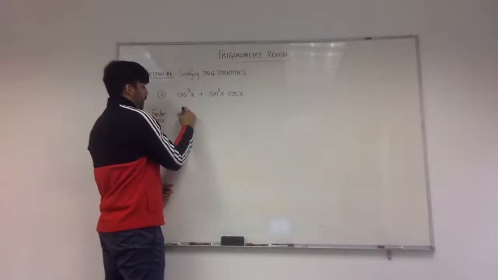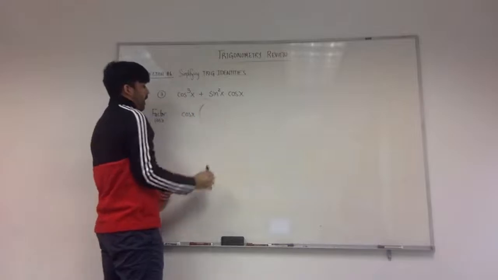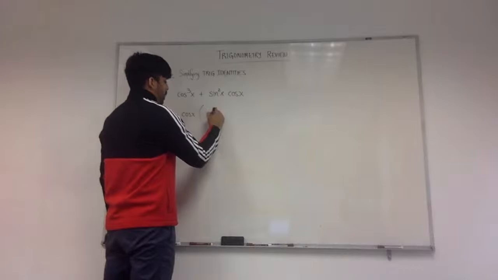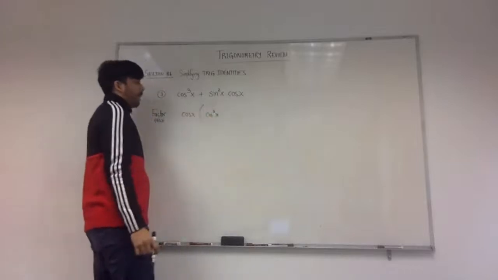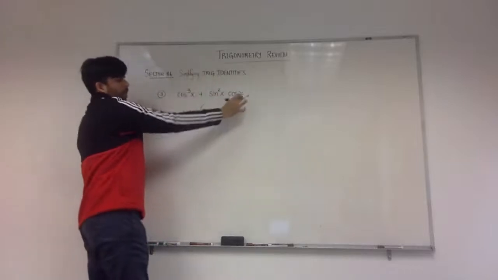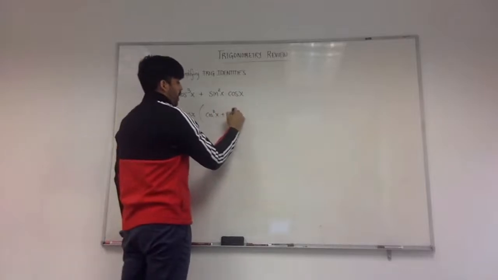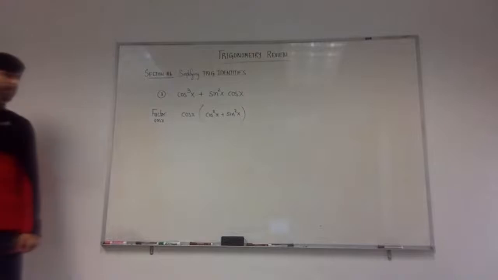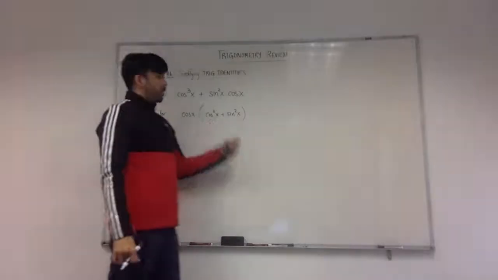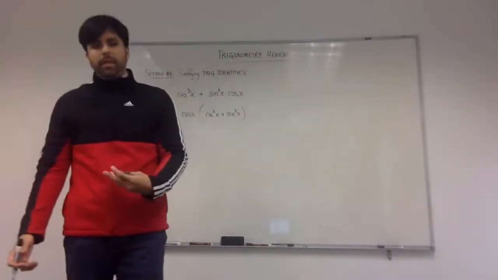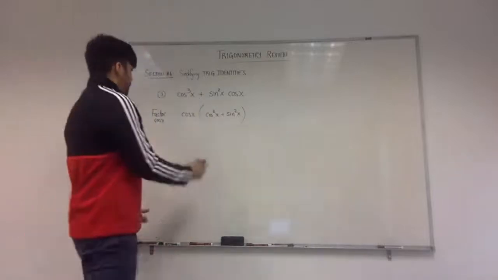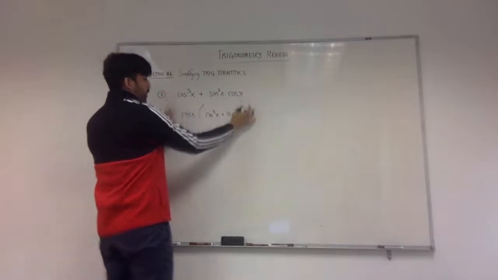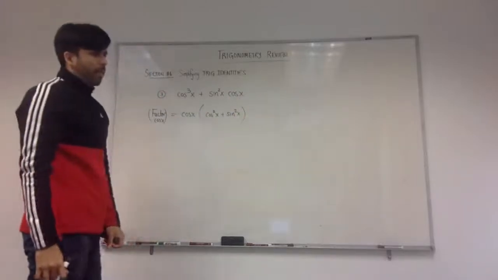So when I factor it, I get cosine x. And if I factor a cosine x from cosine cubed, I'm left with a cosine squared. And if I factor a cosine x from this term, I'm left with a sine squared. Now, the nice thing about this is that cosine squared plus sine squared is the Pythagorean identity. So just make sure you see that I'm taking this expression and writing it in an equivalent form by factoring.